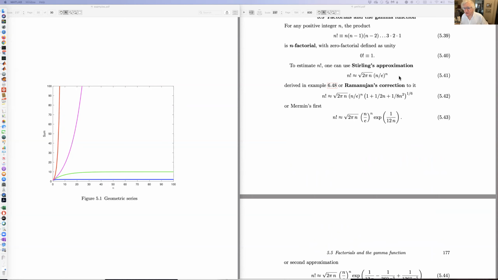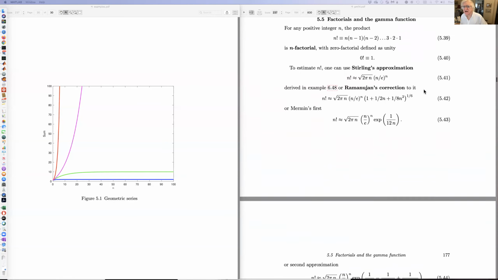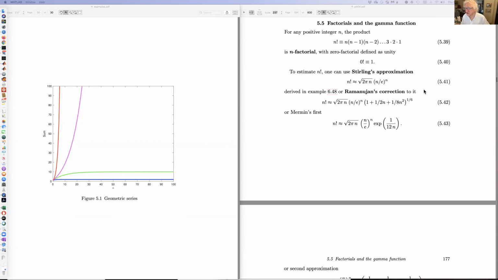And there's an approximation due to Stirling, and we'll derive this after we learn about complex variable theory. An Indian mathematician who, by the way, was self-taught and was then invited to England by one of the leading mathematicians at either Cambridge or Oxford.